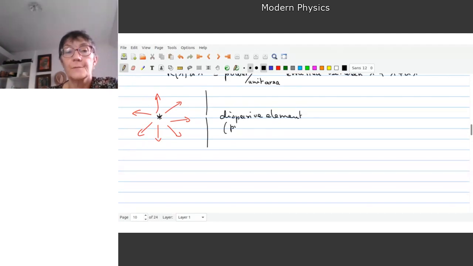It can be a prism, and this dispersive element will depend on the wavelength range. Prisms we use, for example, in the lab. Some of you have worked in our lab, so we have prisms, we have diffraction gratings.